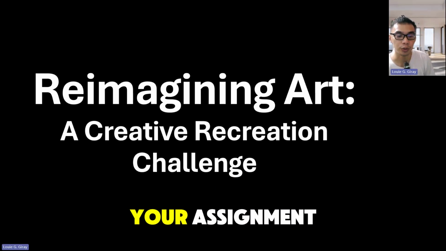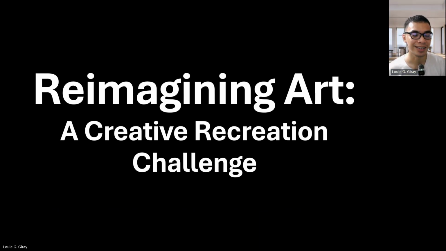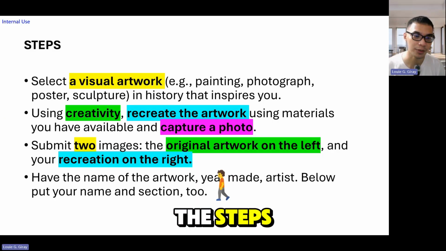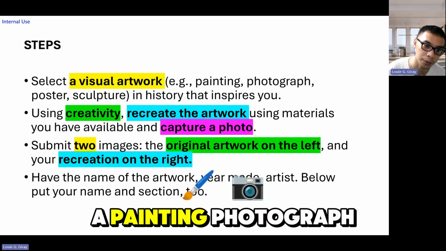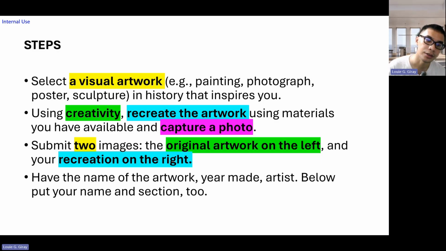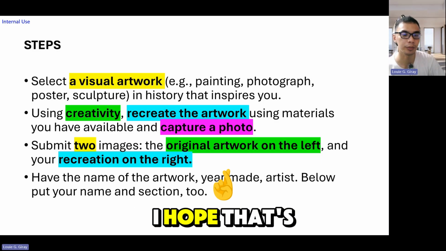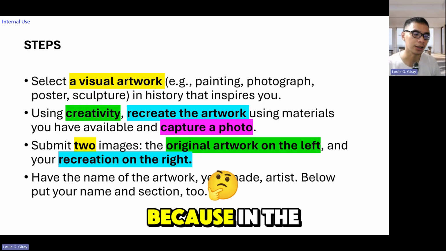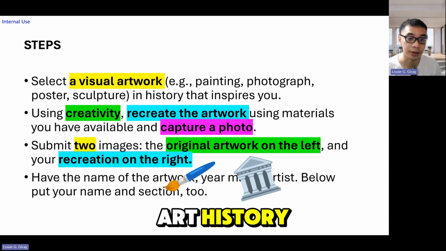Now, we've got your assignment, Reimagining Art, the Creative Recreation Challenge. I love this so much. So listen properly for the steps. One is for you to select a visual artwork, a painting, photograph, poster, or sculpture as examples, okay, that inspires you. I hope that's a classic one in history, because in the next sessions, we're going to tackle art history.